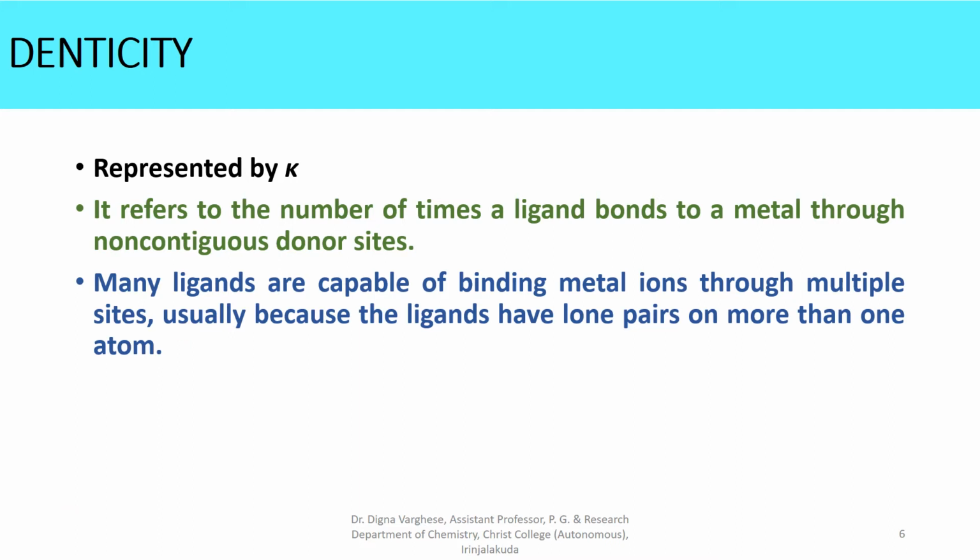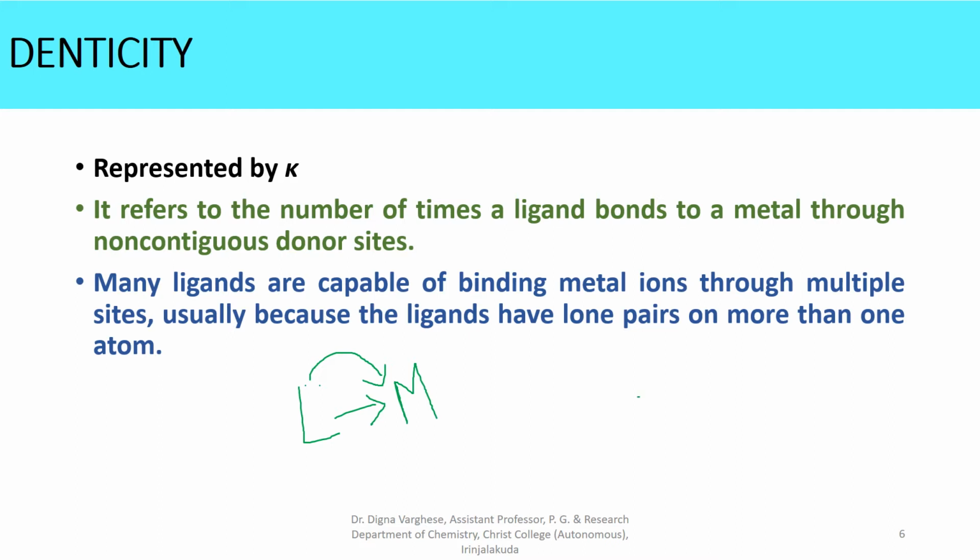Coordination number means the number of ligands that can attach to the metal atom, but denticity means the number of donor sites in a particular ligand that can donate lone pairs of electrons to the metal atom.